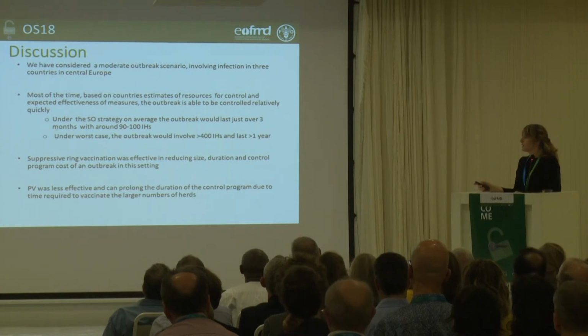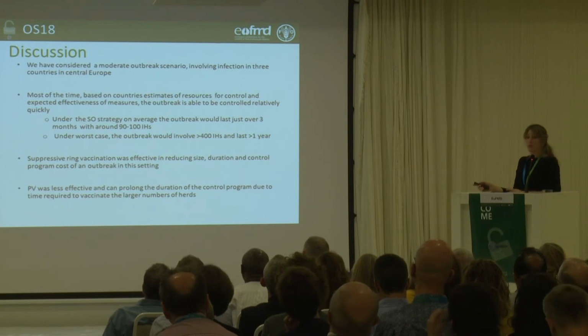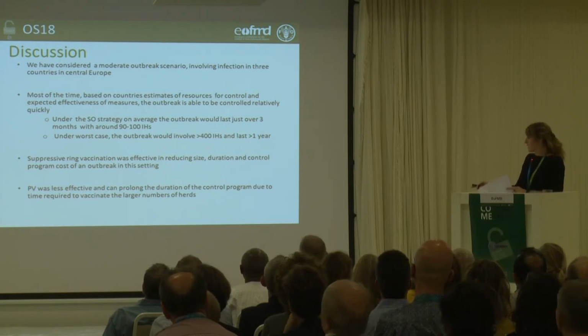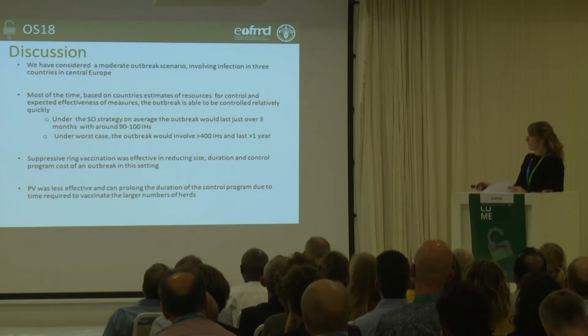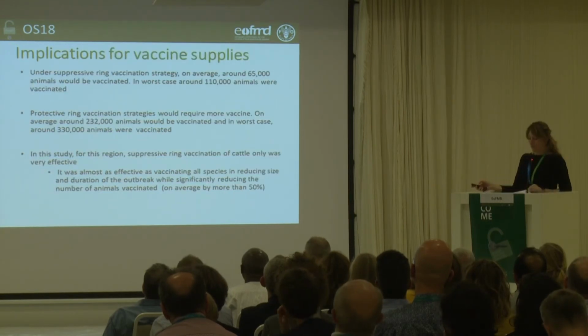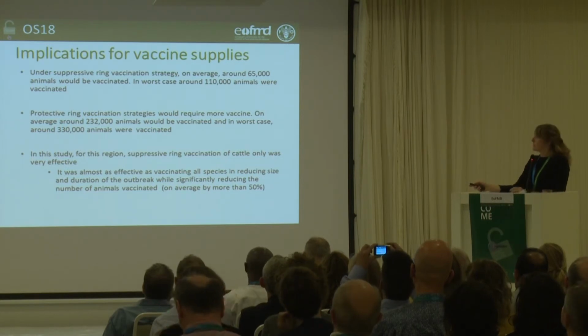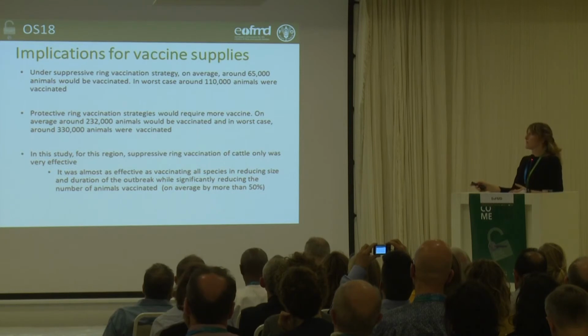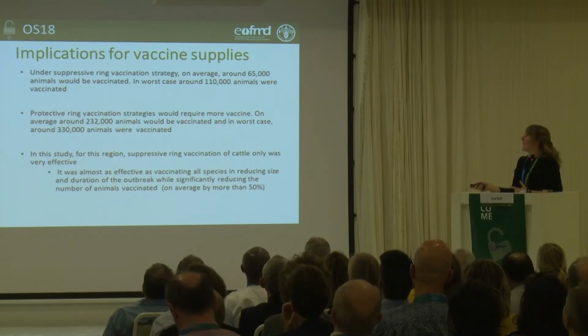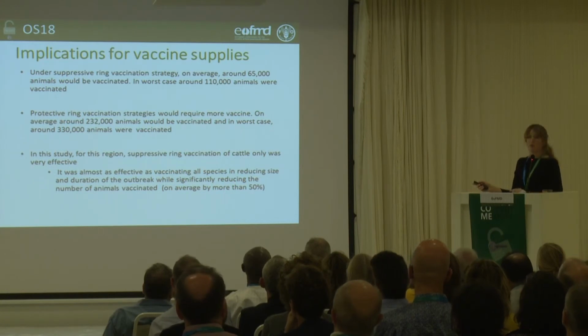And protective vaccination was less effective and can prolong the duration of the control program due to the number of animals that need to be vaccinated. And regarding the implications these have for vaccine supplies, under suppressive ring vaccination strategy, as we saw, on average around 65,000 animals would be vaccinated, and in the worst case, around 110,000 animals.